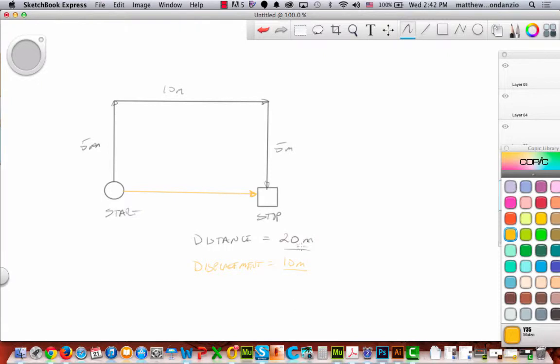No. What am I missing? 10 meters is the length of this line to the right. I've got to show some sort of direction. I can say to the right, or I could say it a number of different ways. So the length of this line is the scalar part. It's 10 meters. The direction you could do a number of ways.